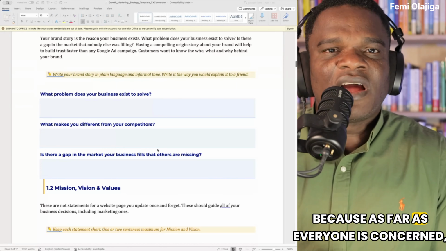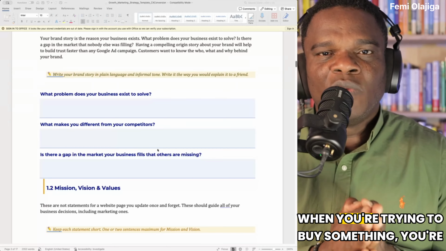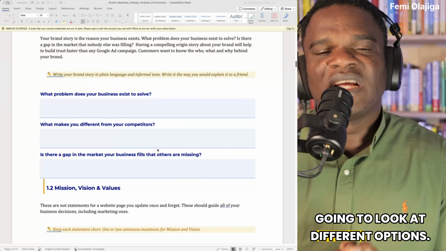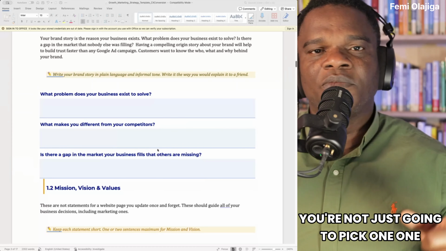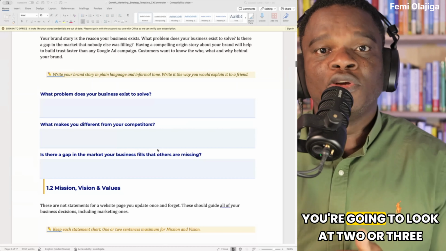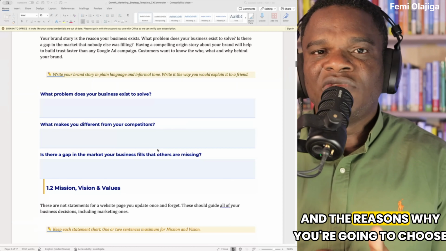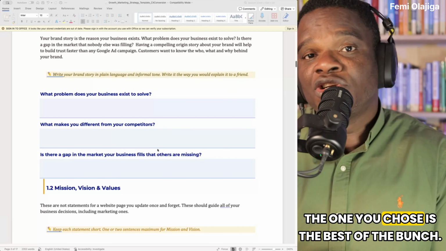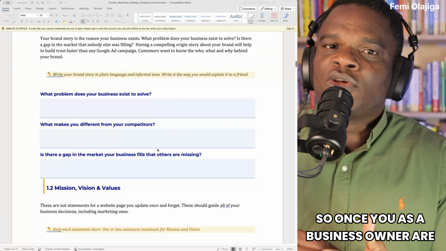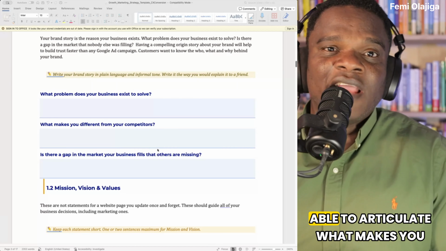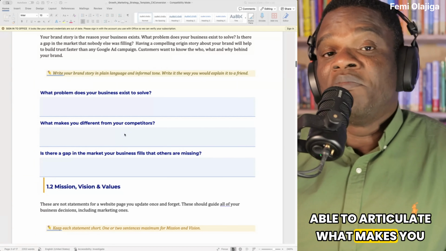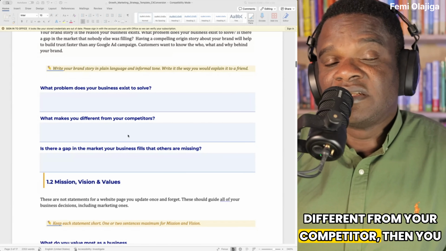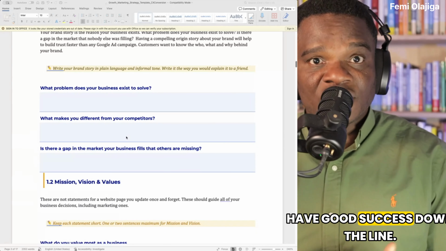Because as far as everyone is concerned, when you're trying to buy something, you're going to look at different options. You're not just going to pick one company and buy from them. You're going to look at 2 or 3 options, and the reason you choose one is because it's the best of the bunch. So once you as a business owner are able to articulate what makes you different from your competitor, then you have good success down the line.